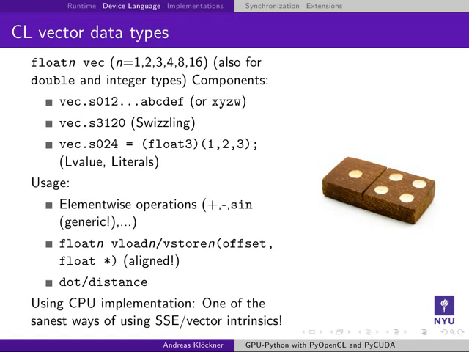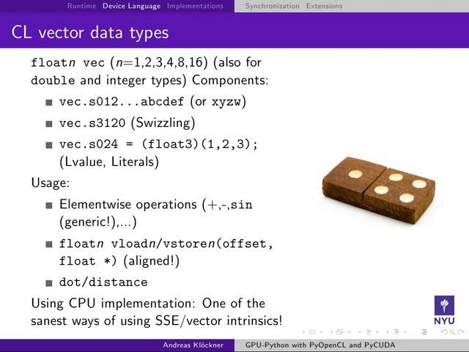You can access them in any order, so this expression here will give you another float 4. You can also assign to them, which I think is kind of cool. That allows you to quickly swizzle, I guess that's the word, these vectors. And if you want to write a literal, as in construct a vector data type from individual scalars, that's how it's done.